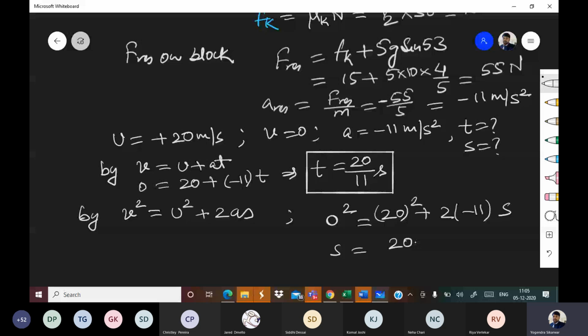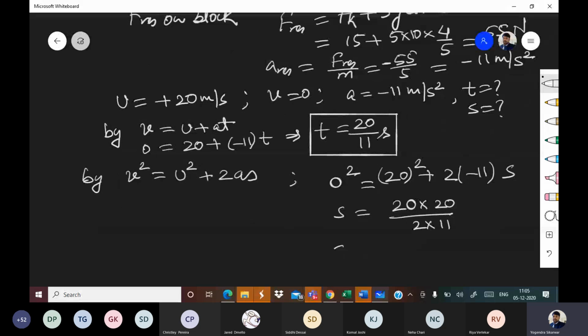So that comes out to be 200 by 11 meters.